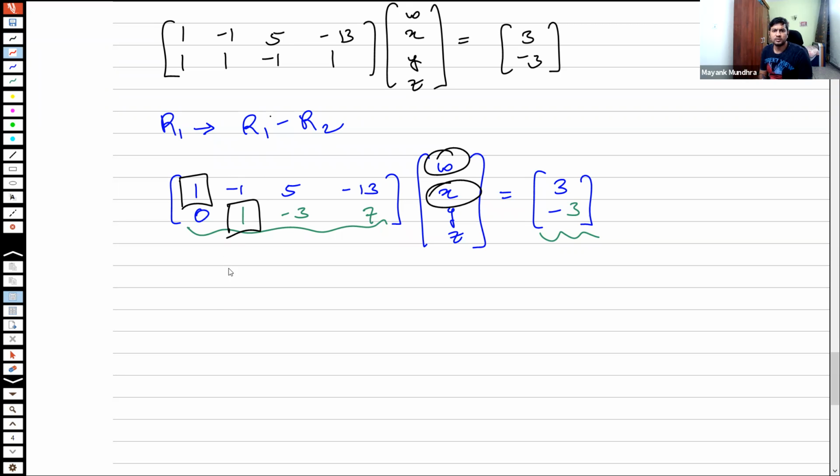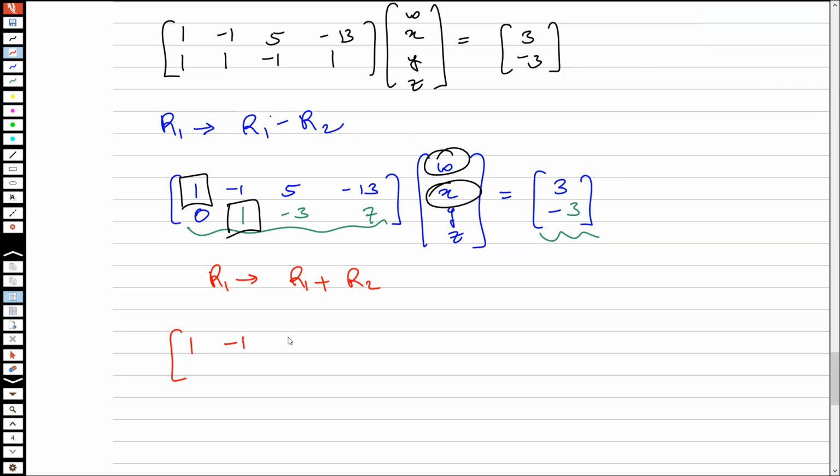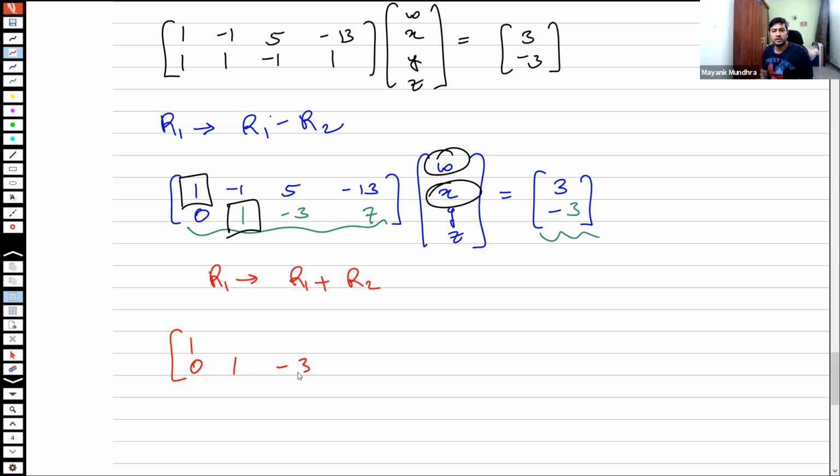So what I'll be left with is 1, 0 for row 1, and row 2 remains as it is, 0, 1, minus 3, 7. Now minus 1 plus 1 becomes 0, and minus 3 plus 5 becomes 2, and 7 plus minus 13 becomes minus 6.